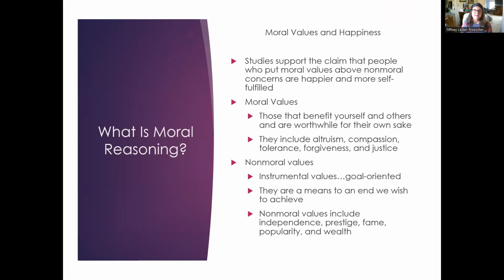Now, what are moral values, right? Moral values are the values that benefit yourself and others. And these are the type of values that are worthwhile for their own sake, right? So they include altruism, compassion, tolerance, forgiveness, justice, right?